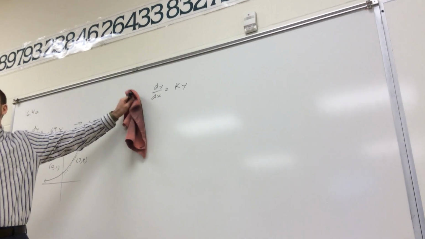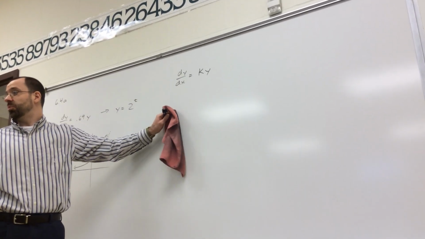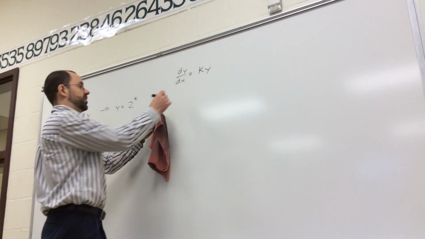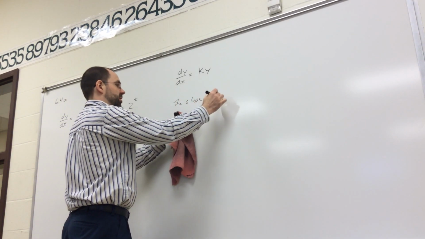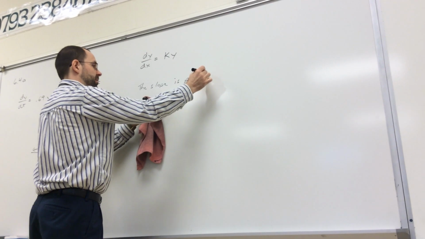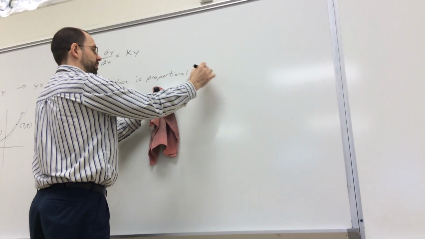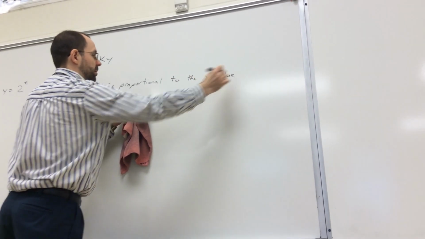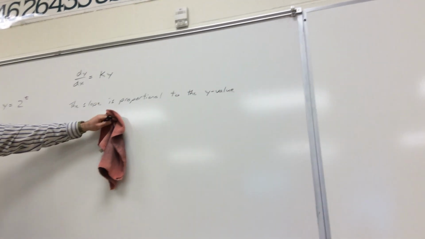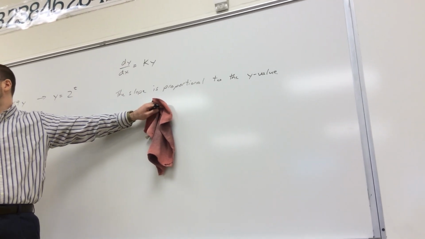Okay, so this is the math symbol way to say it, that dy/dx equals ky. But if you put it into words, the way to say it is the slope is proportional to the y value. In other words, to find the slope, you just take the y value times a number.